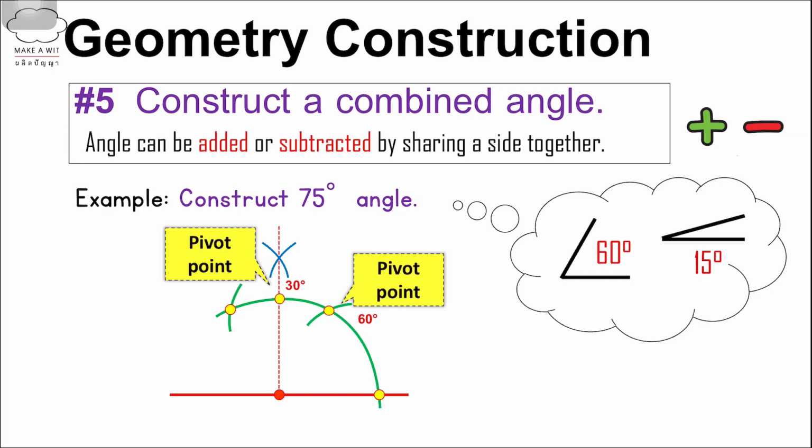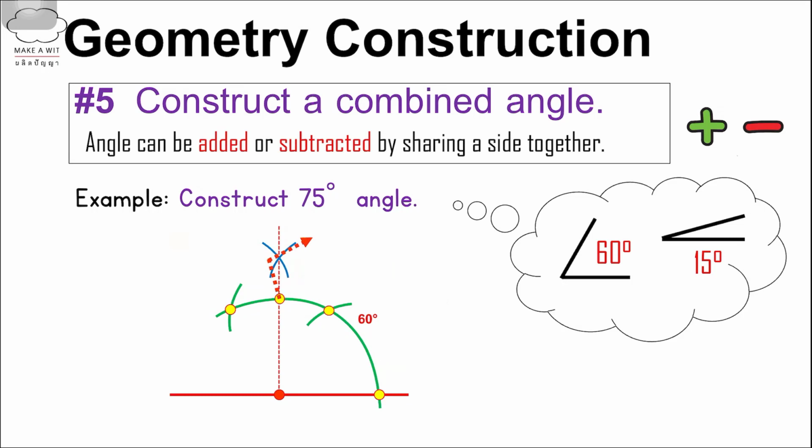Now, don't forget, you need to find the intersecting point on the same level, and it will be your pivot point. You cannot use this as the pivot point. No, it needs to be on the same curve, like so. Alright, and then you will use the same radius to cut. Find the bisector of 30 degrees here, and it will be 15. Okay, 15 degrees angle, and 60 degrees angle will be 75 degrees angle.